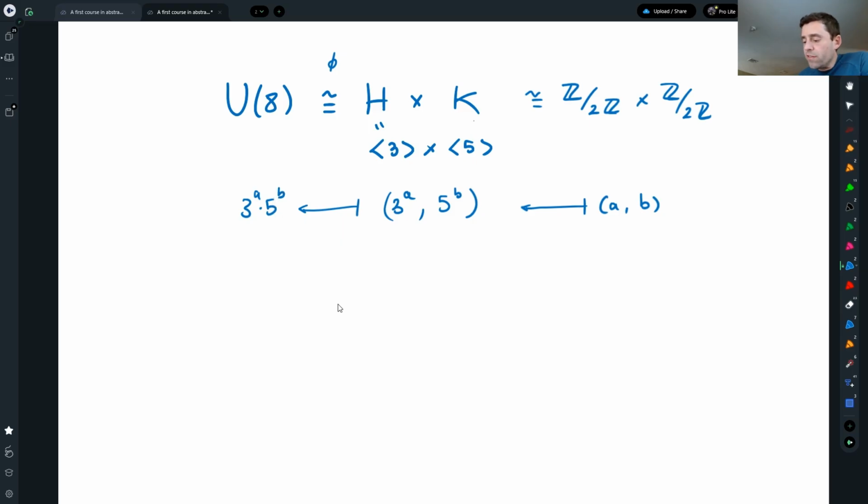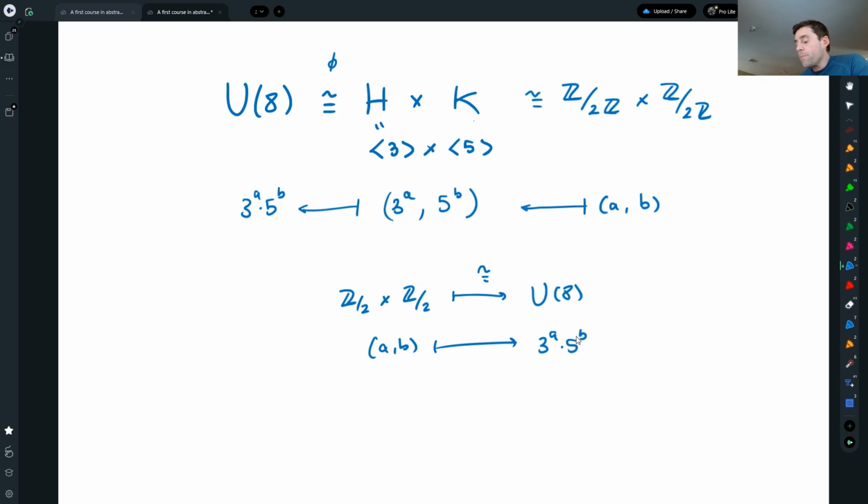So this actually gives me an isomorphism from Z modulo 2 cross Z modulo 2 to U8 that sends the pairs (a, b) to 3 to the a times 5 to the b, and it turns out this is an isomorphism of groups.